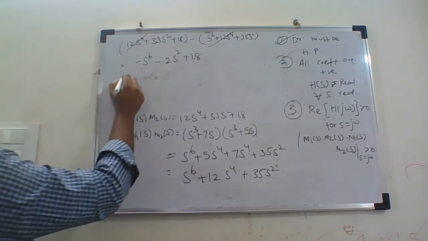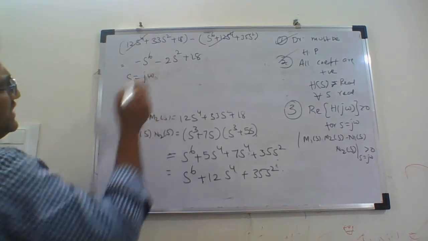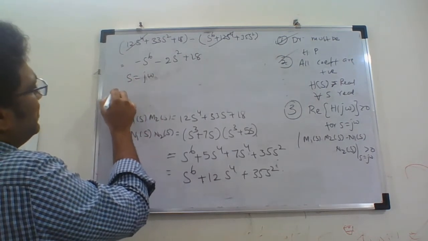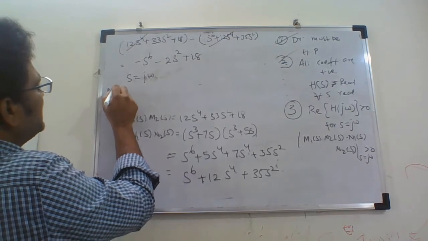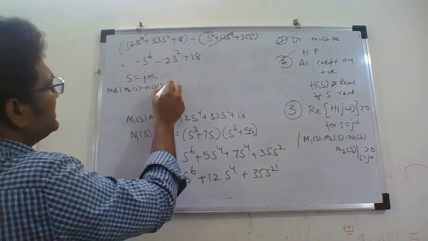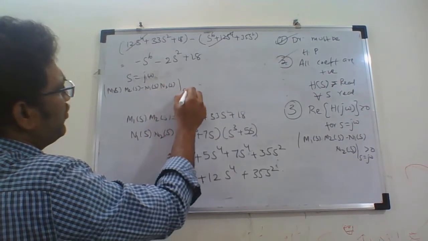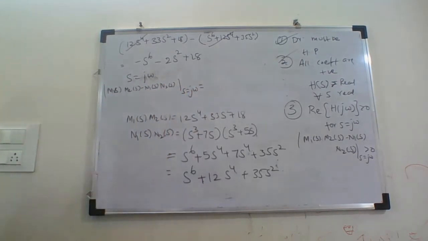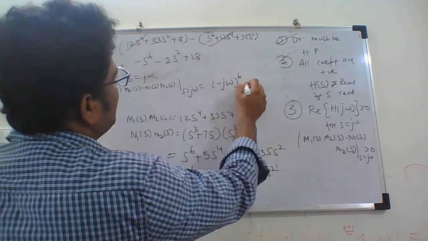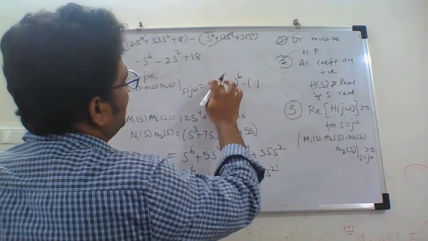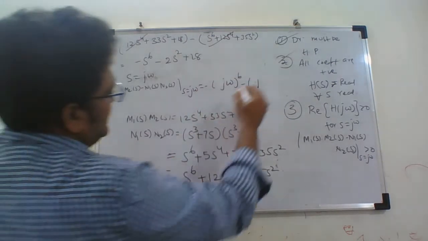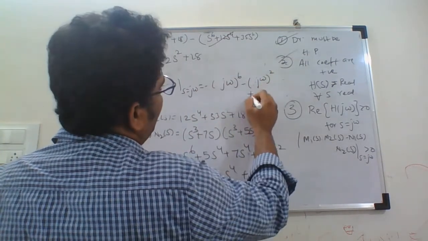Now we need to check. We need to substitute s equal to j omega. So when I substitute s equal to j omega, m1 of s into m2 of s minus n1 of s into n2 of s at s equal to j omega is equal to minus j omega whole power 6, minus j omega whole square, plus 18.